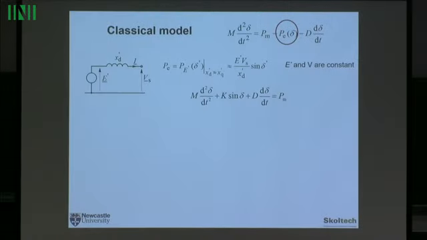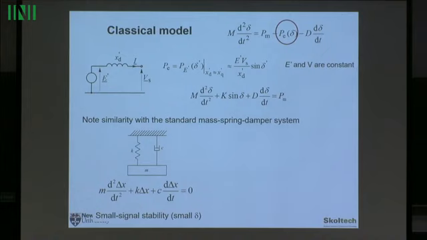Now, if we substitute that equation into here, we'll get this kind of equation where K will represent all the constants. So we have the swing equation with the term sine delta. Again, if those changes in delta are small, it's very similar to the standard mass-spring-damper system, because instead of sine delta we'll have just delta.